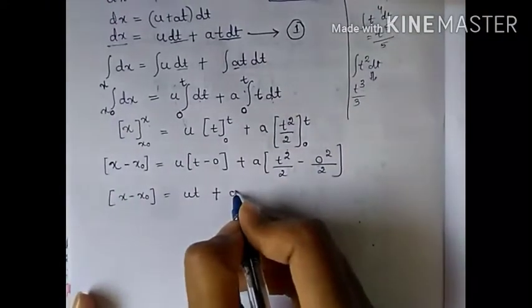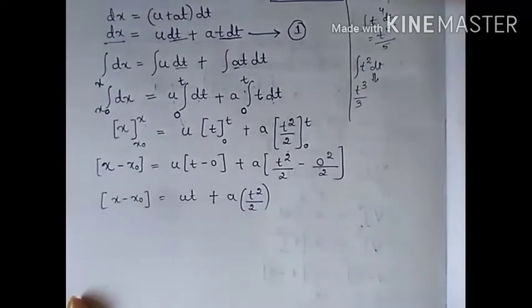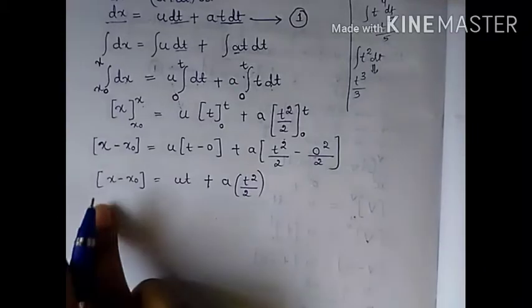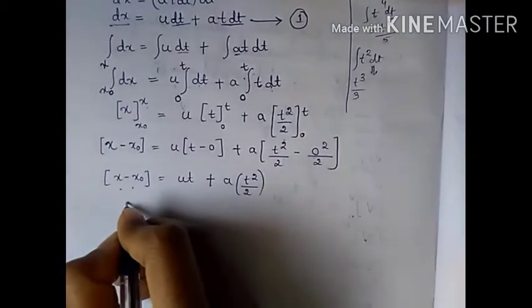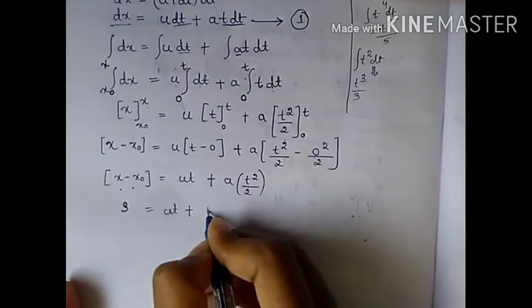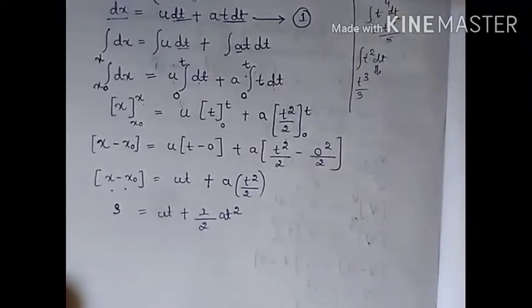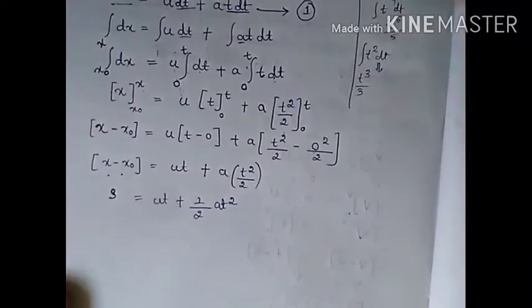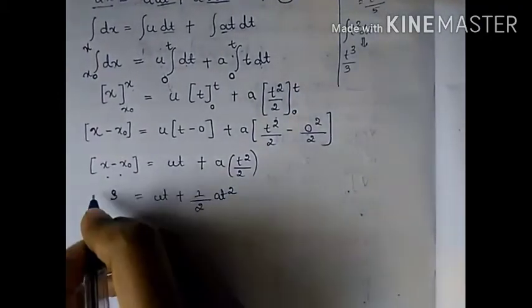The difference x minus x naught is the displacement S. So S equals ut plus half at square. This is the second kinematic equation that we have derived using the calculus method.